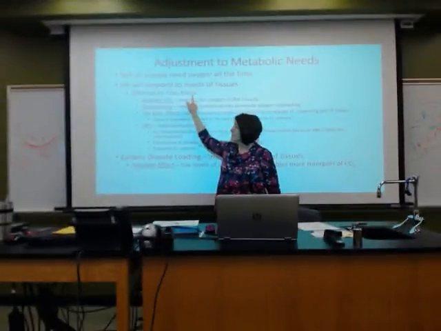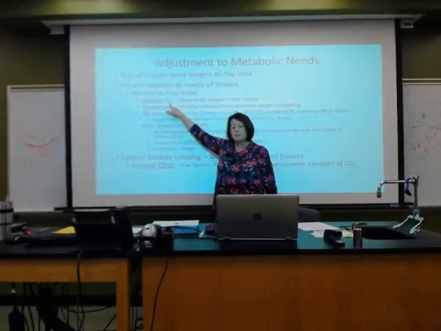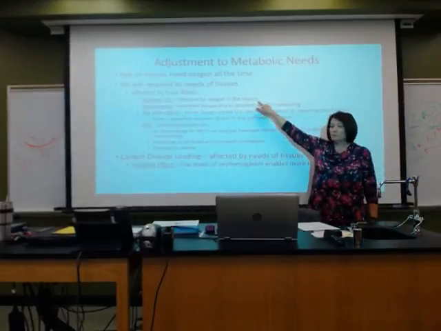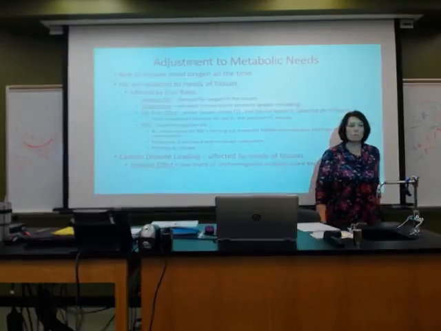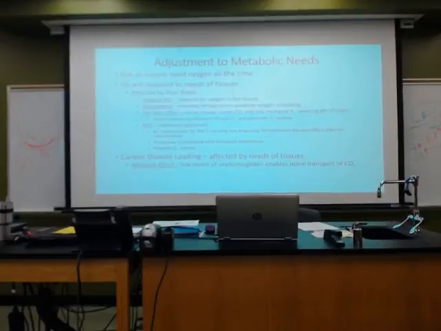The response of the hemoglobin, there are 4 rates that affect it. There's an ambient pressure of oxygen, which is just simply what is the demand. Temperature. An elevated body temperature creates more dropping off of oxygen.